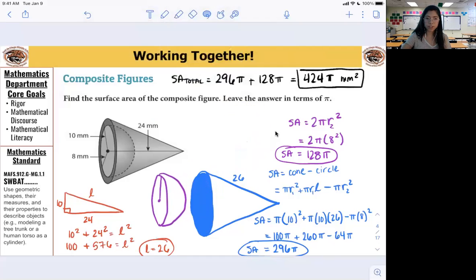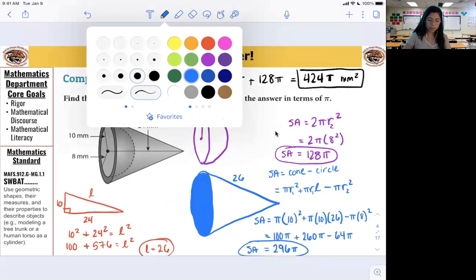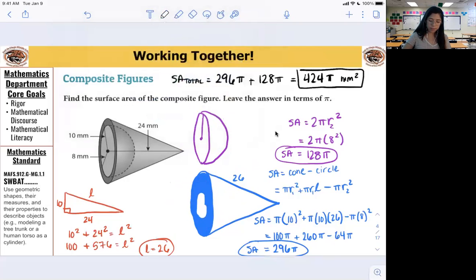Can I magically push this through the lid out to the other side? No, right? So there has to be a hole inside of the cone because if you don't have a hole, then you can't get the hemisphere to go through it. So if I don't have anything here, now I can take this, I can put it through, and then it's going to be where it needs to be.